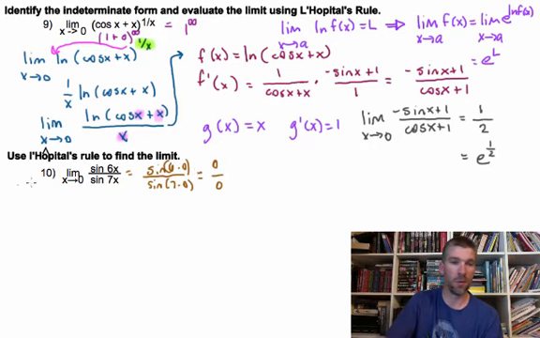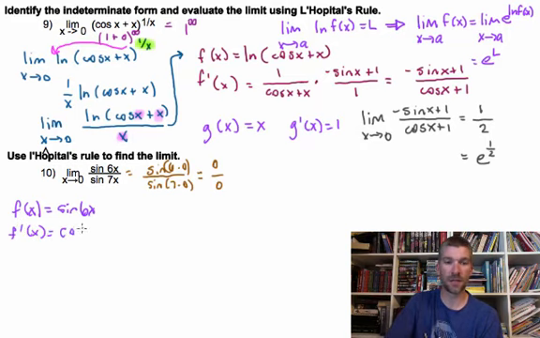All right, no problem. What we're going to do is let the top equal f of x. That's the sine of 6x. And we're going to take the derivative of that. When you take the derivative of the sine, that's cosine 6x, times the derivative inside the cosine, which happens to be 6. Okay? So what we have for f prime of x is 6 cosine 6x.